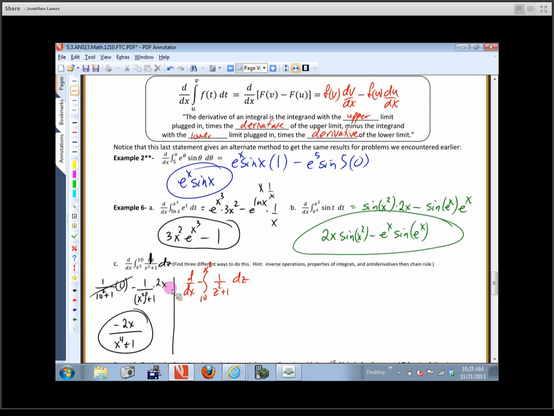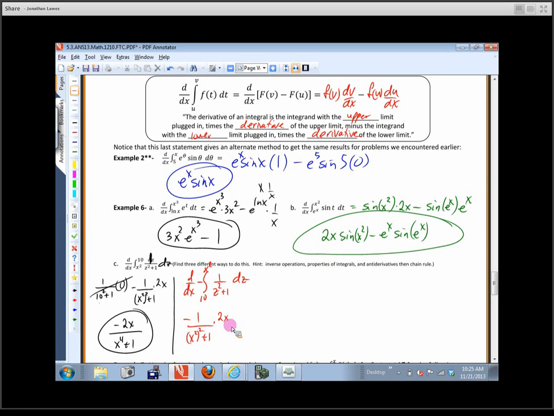Is that all right? Okay, so this is going to be the integrand with the upper limit plugged in. So there's going to be a negative here, because that negative right there, I could leave it out front or slide it up on the top. x squared plus 1 times the derivative of x squared, so 2x.